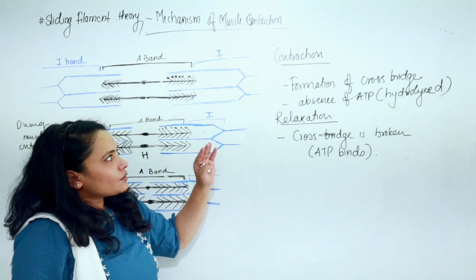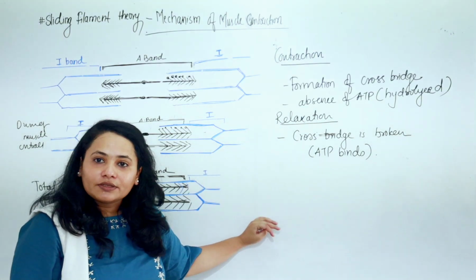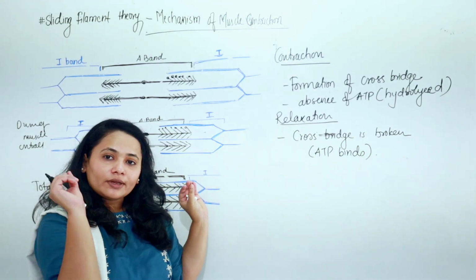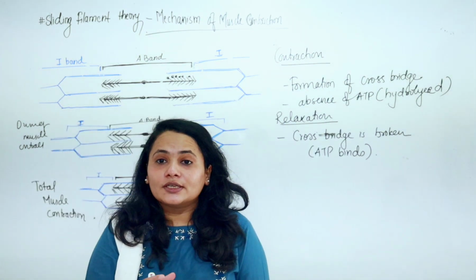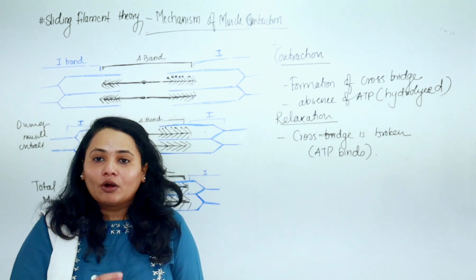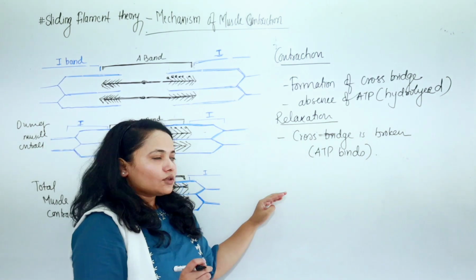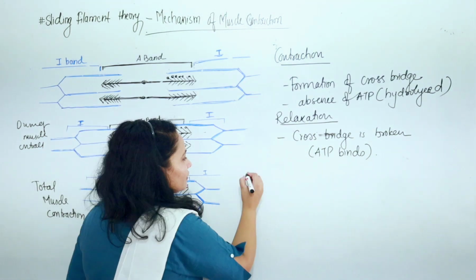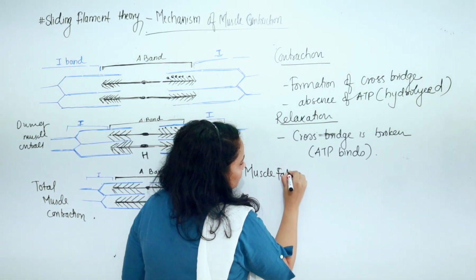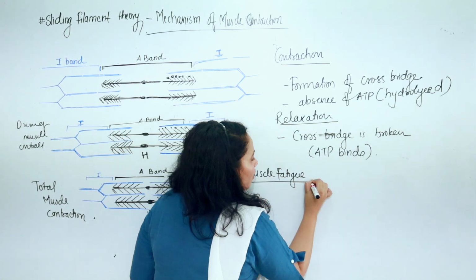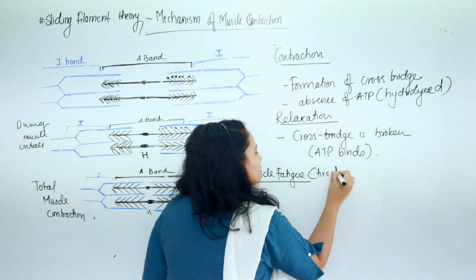So now this is about contraction and relaxation. Now we know there is one more point, that if we do excess of strenuous exercise, our muscles get tired. So let us talk about a small topic, muscle fatigue, or muscle getting tired.